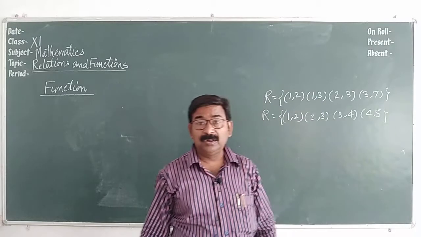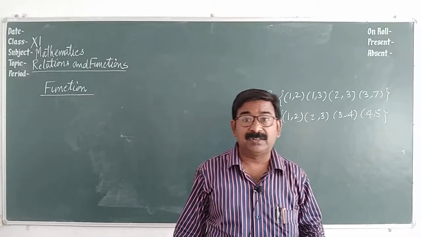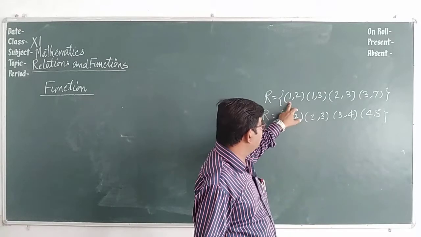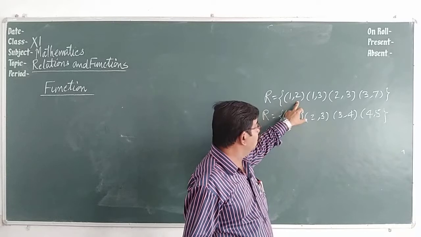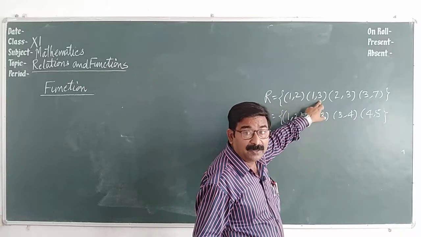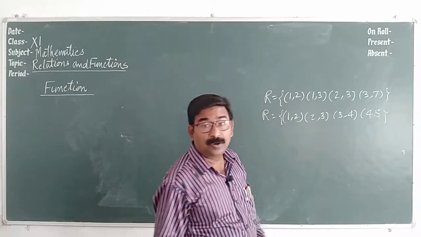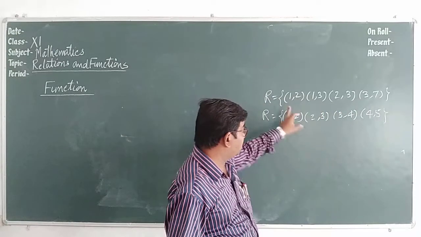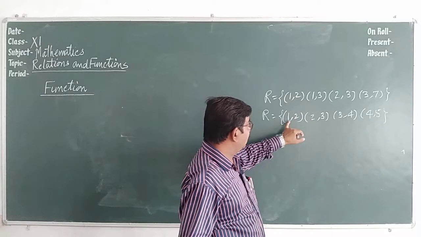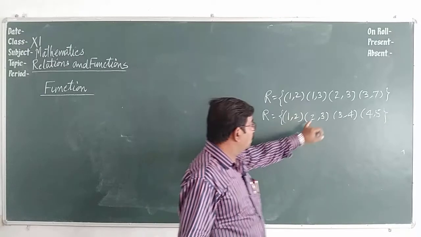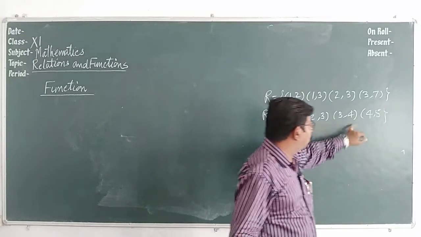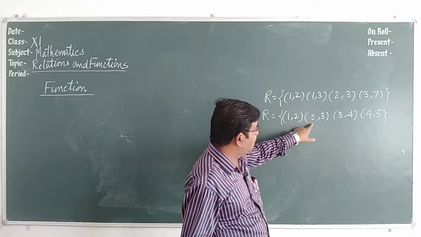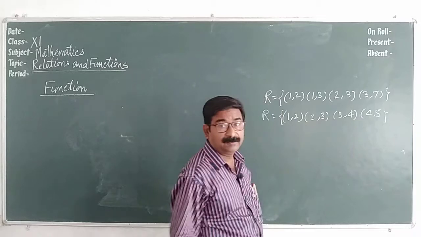I told every pre-image must have unique image. So one is forming image with 2, one is forming image with 3. So it is not possible. So this one is relation. Here we see 1 2, 2 3, 3 4, 4 5, means every pre-image has unique image.